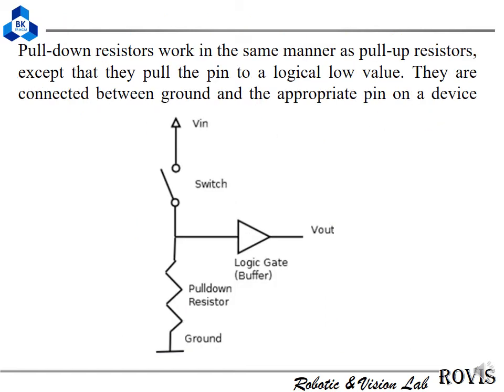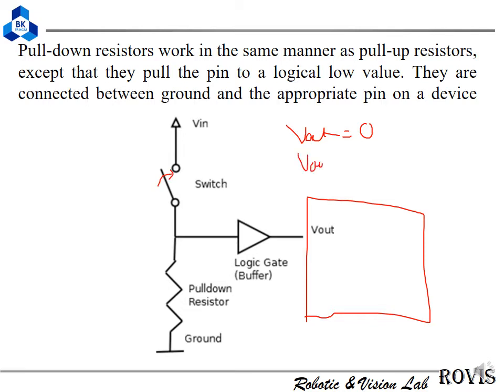And this one is the pull-down resistor. In the previous lecture slide, we already saw the pull-up resistor, right? This is the pull-down resistor. So in the pull-down resistor, what is the initial state of the pin? It is 0, right? When we touch the switch, Vout is equal to Vin, right?